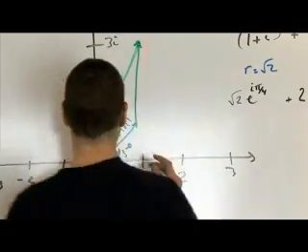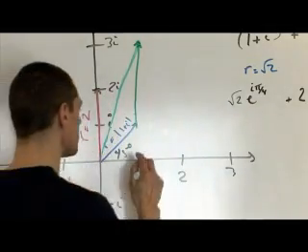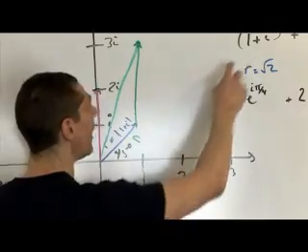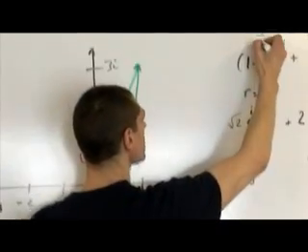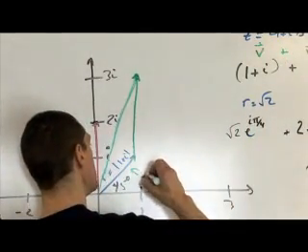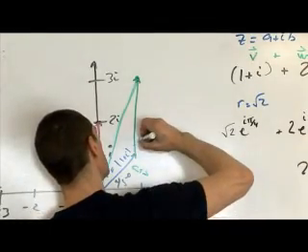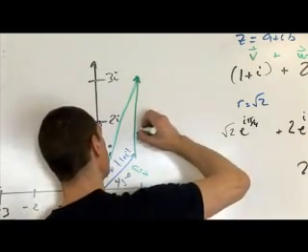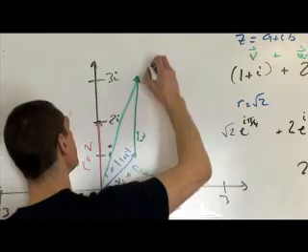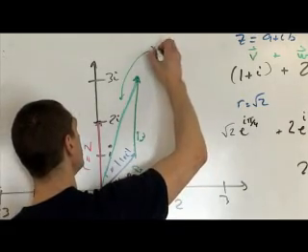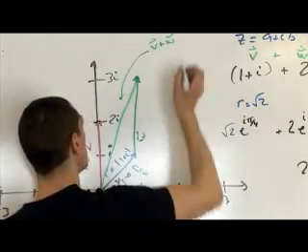So here is vector v, here is vector w, and this vector here is v plus w.